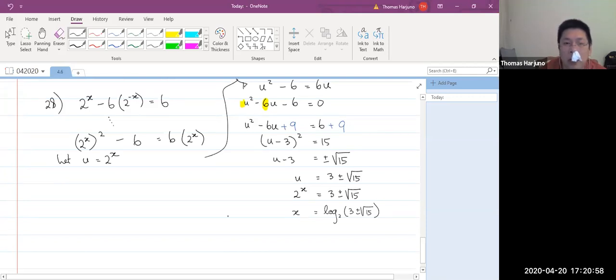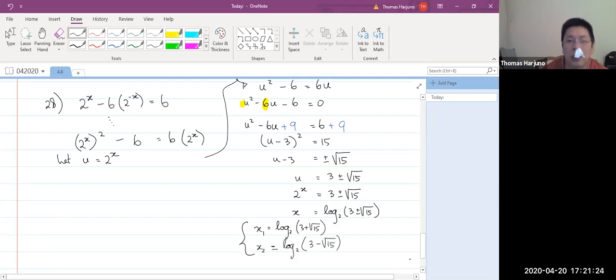Something not really right there. Until you split it, you will not see it. x1 equals log base 2 of (3 plus radical 15). And the second solution, x equals log base 2 of (3 minus radical 15).